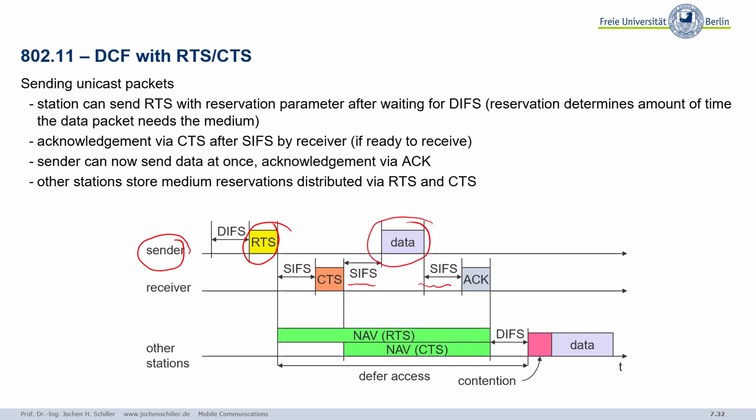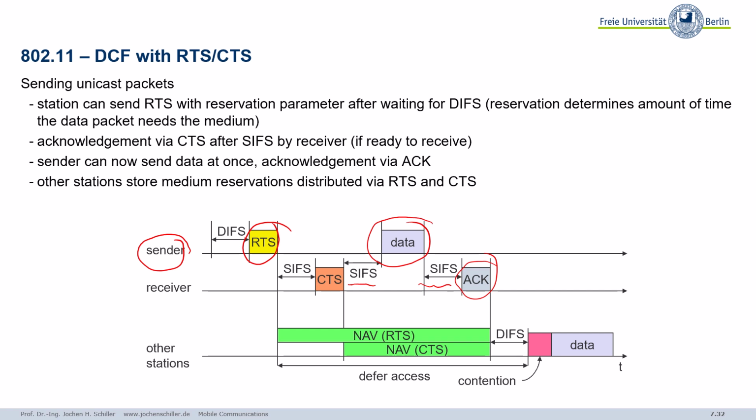After, as we learned, a short interframe space, you will get the acknowledgement. So as soon as you get your CTS, you can immediately send data and get the acknowledgement. No one else can interfere now. That's the idea. So this is how the .11 implements RTS, CTS.